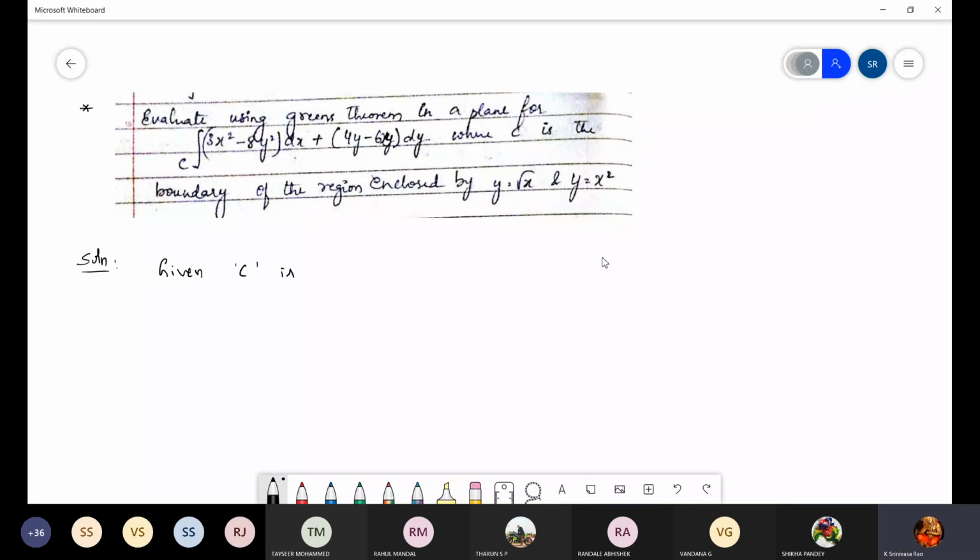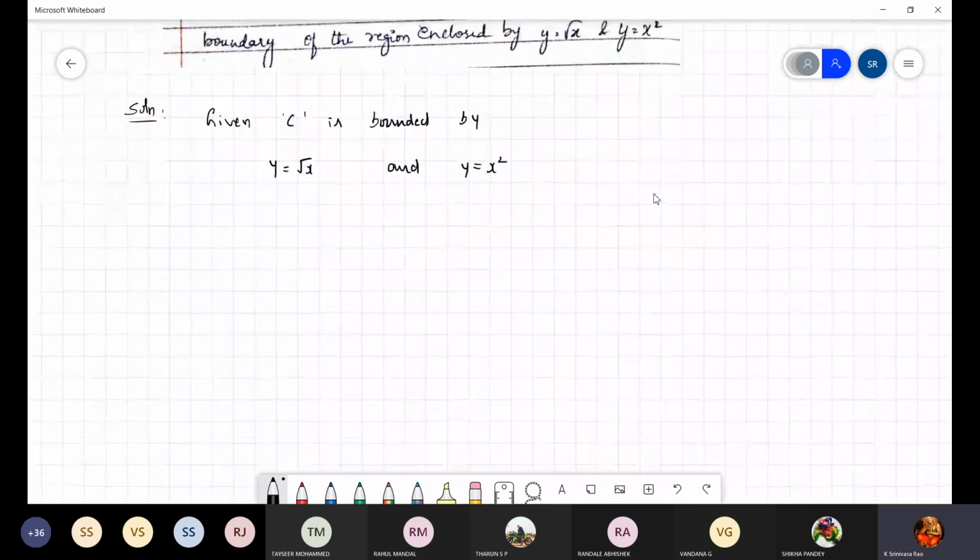Given C is bounded by y equals root x and y equals x square. So what is y equals root x?